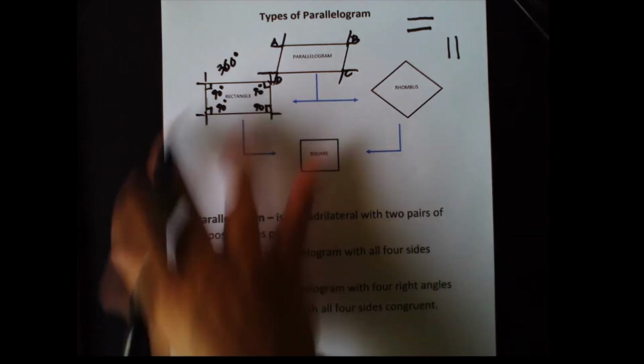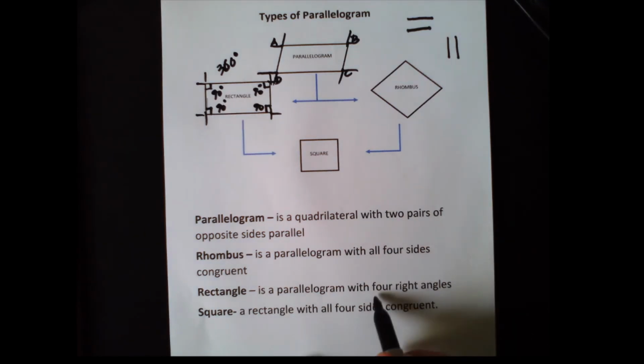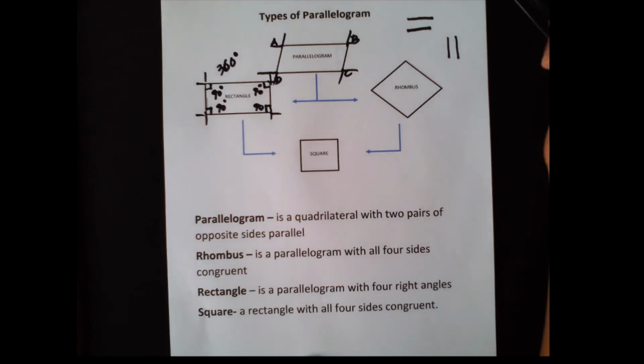So the characteristic of a rectangle is that it has four right angles. Okay, so we're done with the rectangle.